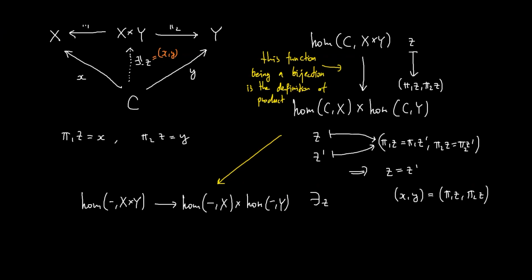Where the product of two functors is given component-wise, like multiplication of two real valued functions is given by multiplying values. In the same way, we can define the product of two functors to be the component-wise product of those functors. So this is a natural isomorphism.